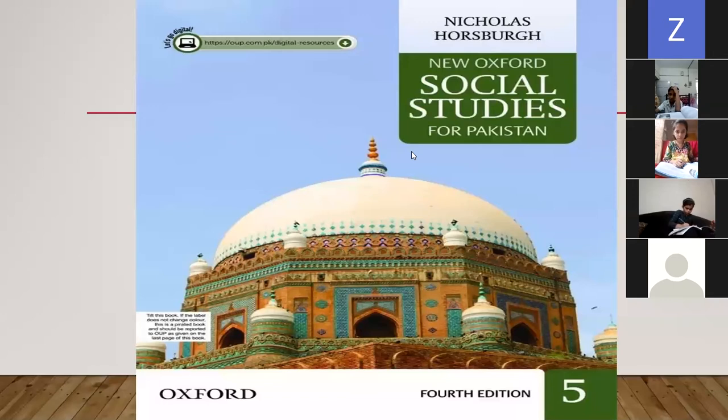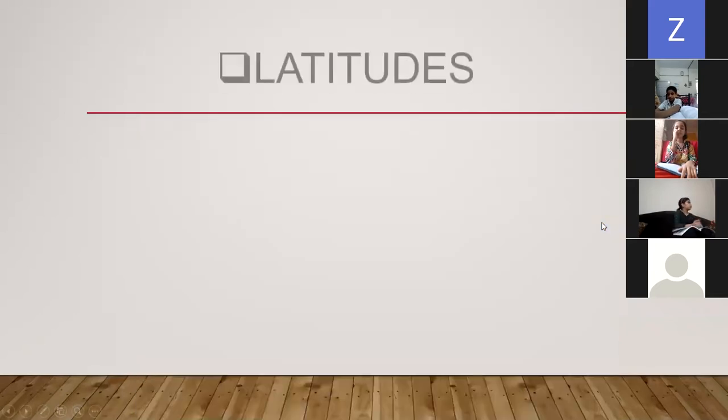Fine. Students, what we were doing gave us a very good idea about the globe. We discussed why we have those horizontal and vertical lines on the globe. This is from your social studies book 5, and we are on lesson 1.